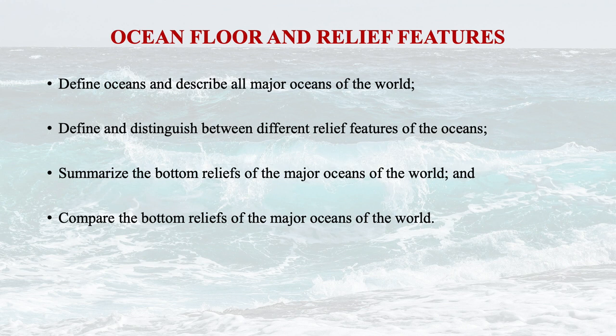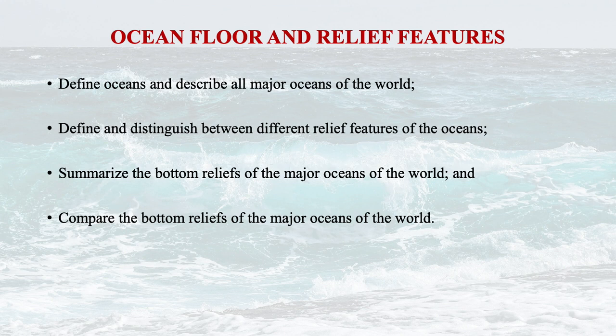But you can compare, because in the Atlantic Ocean, even north of the equator, the ridge extends unrestricted, whereas in the Indian Ocean the northern part is blocked by continental parts like the Indian subcontinent and the Asiatic landmass. So the ridge is not that extended towards the north. There is a difference between the bottom reliefs of major oceans of the world.